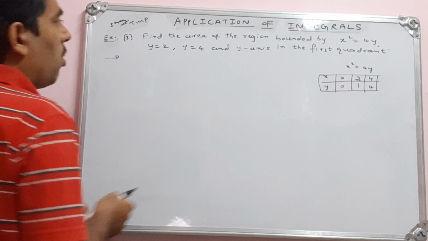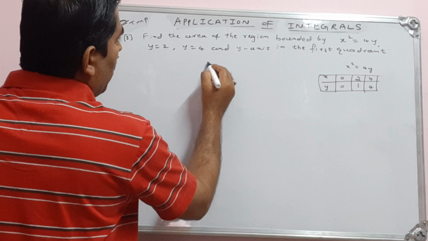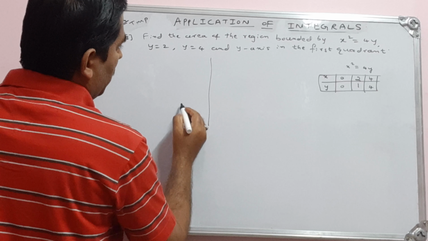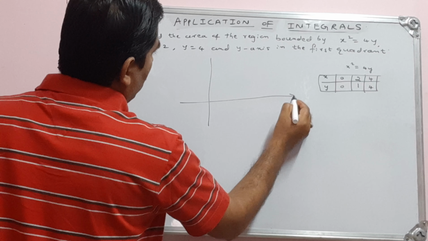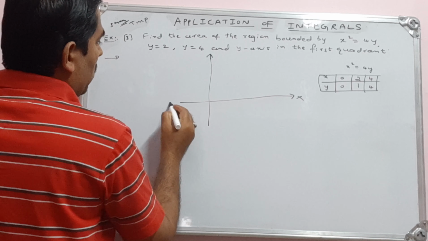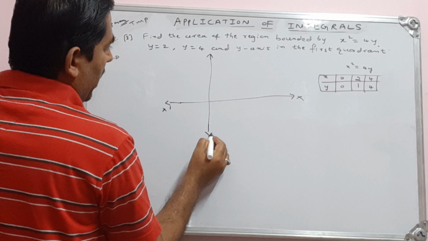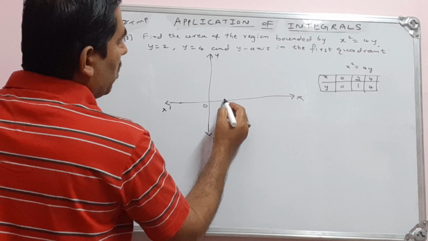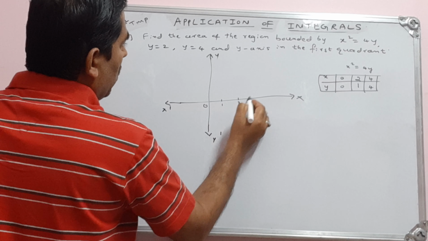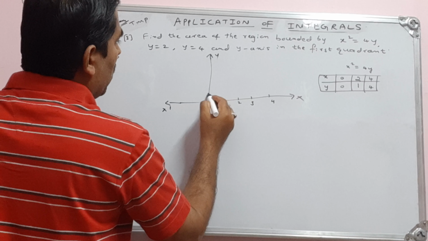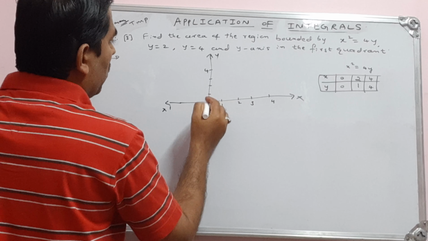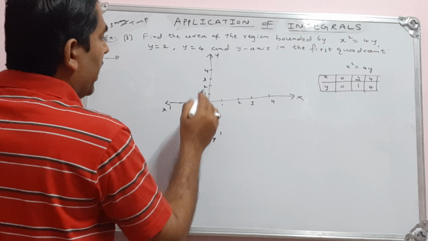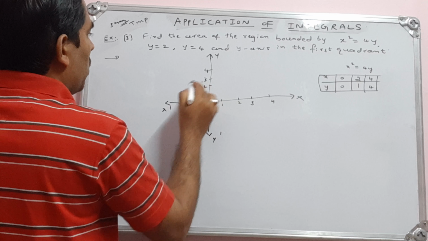x square is equal to 4y. So let me draw that. See, x-axis and y-axis, then 1, 2, 3, 4. We don't have any negative values yet, so we can give only positive values.